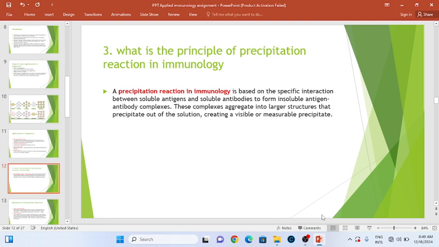Precipitation reaction is a specific interaction between a soluble antigen and a soluble antibody to form a soluble antigen-antibody complex. What I mentioned is that agglutination uses solid antigen, while precipitation uses soluble antigens. This complex aggregates into large structures that precipitate out of solution and create a visible or measurable precipitate.